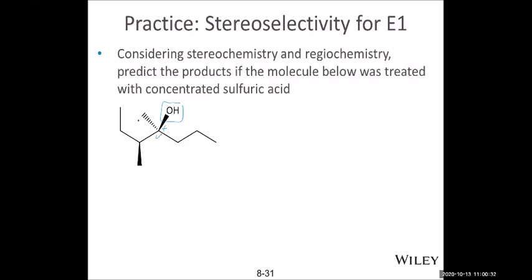We have a beta carbon here, another beta here, and another beta here. So these are the beta carbons we have. And which carbons have hydrogens? This one has 3 hydrogens. Very good. This carbon has 1 hydrogen. This beta has 2 hydrogens.